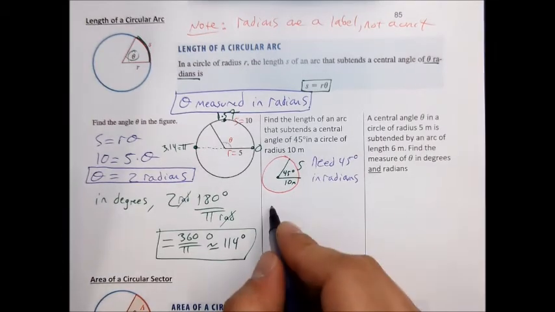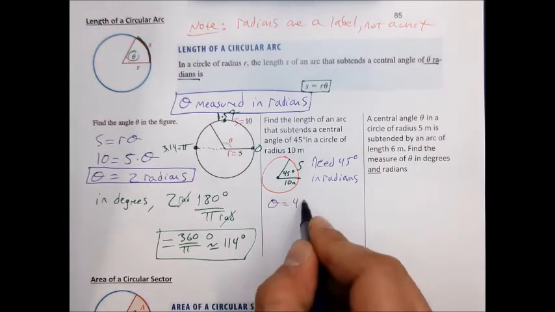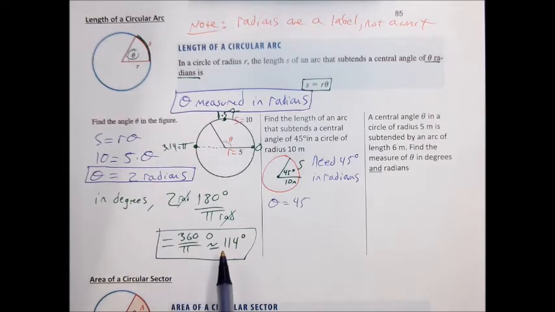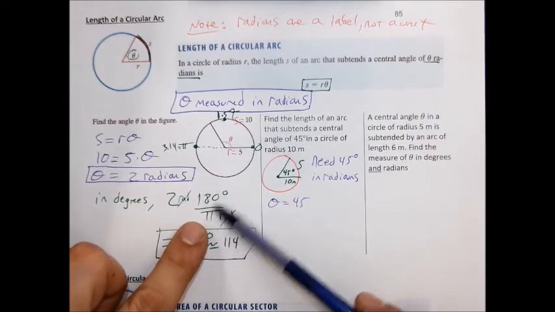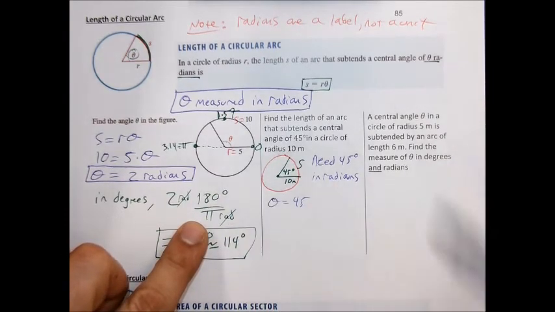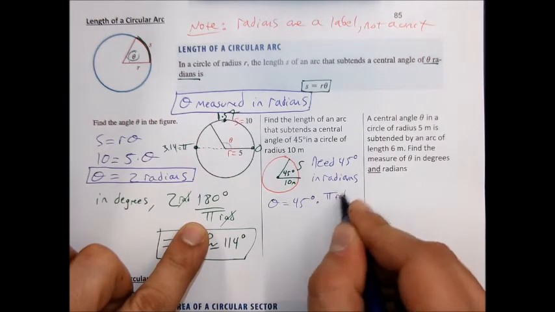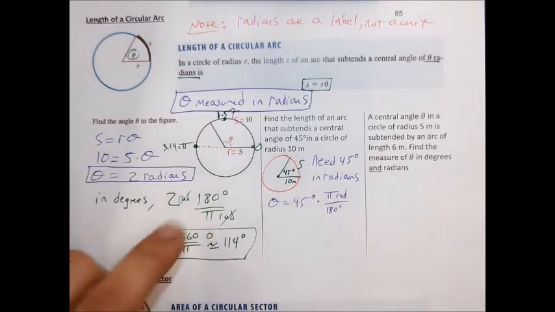We take that theta value, and we're going to do the opposite of what we did before. Before we went from radians to degrees, and so now we want to flip this 180 over pi and make it pi over 180. So we take 45 degrees and multiply it by pi radians over 180 degrees.